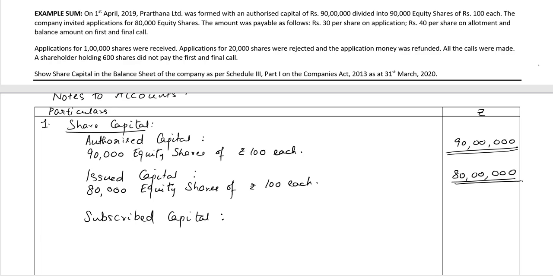Out of the shares which have been allotted, apart from 600 shares, for the balance shares, which is 80,000 minus 600 shares, the full money has been called up and also the full money has been received. So these 79,400 shares will be classified as subscribed and fully paid up.